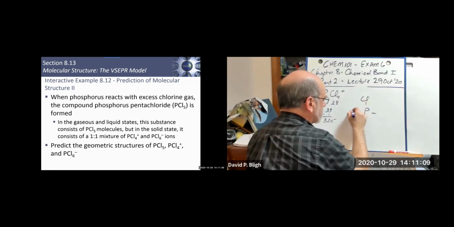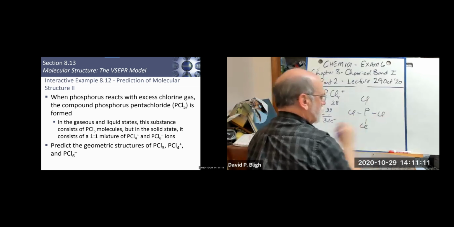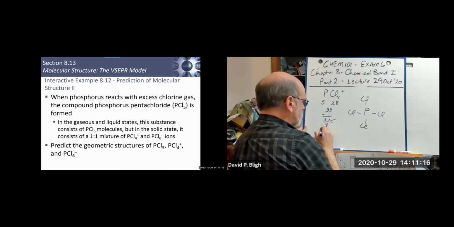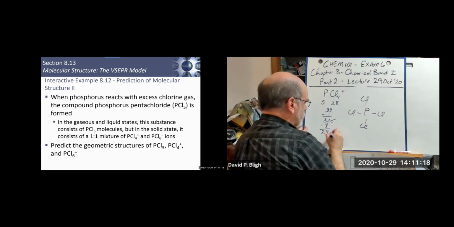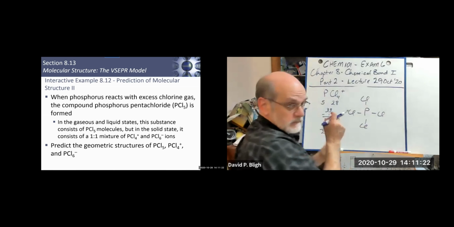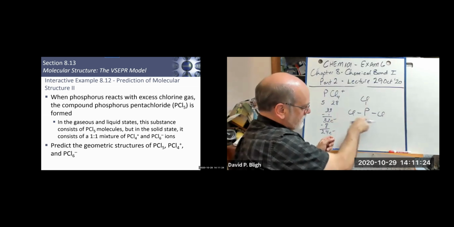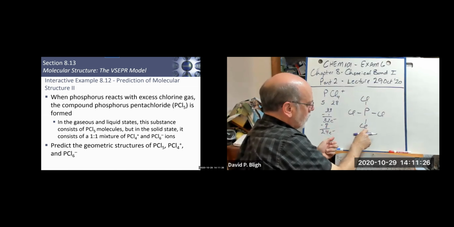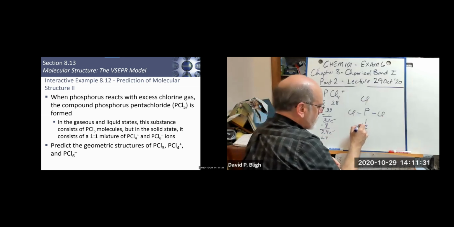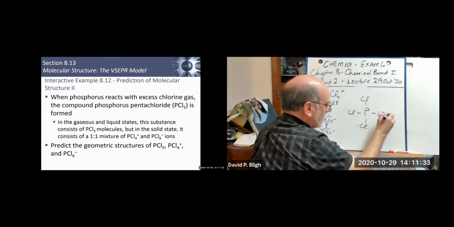We have 4 chlorines. All right, so that's 2, 4, 6, 8. 24. So now we need 6 here, right? To make an octet. So 4 times 6 is 24. So each one of these gets a full octet.